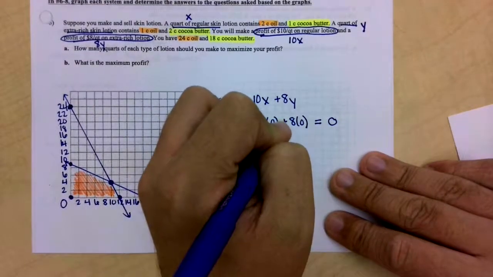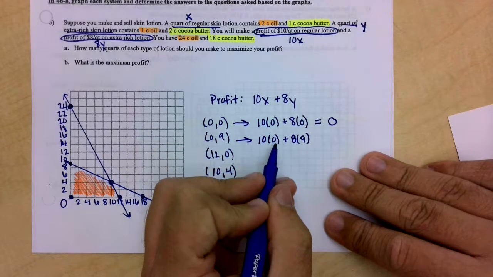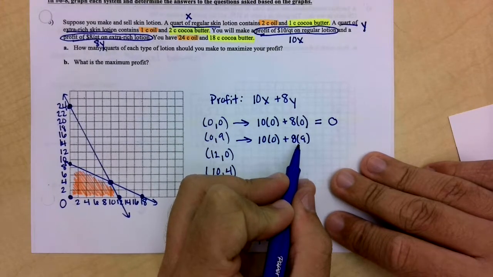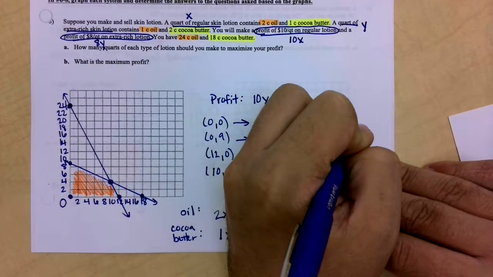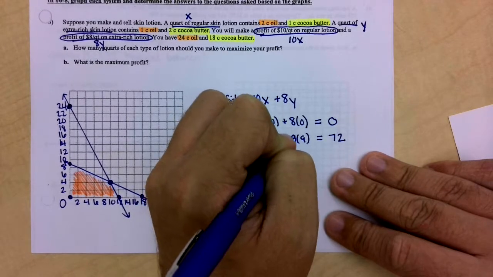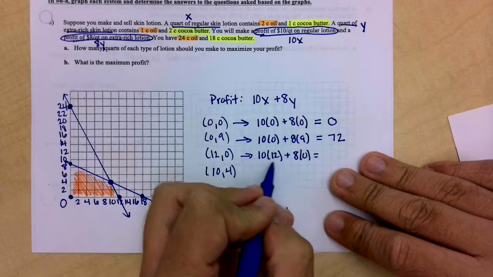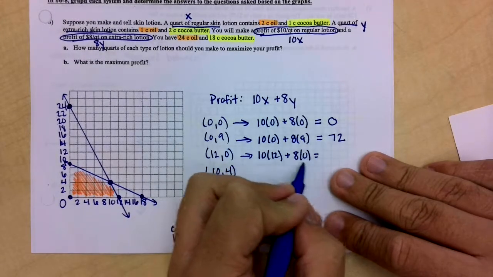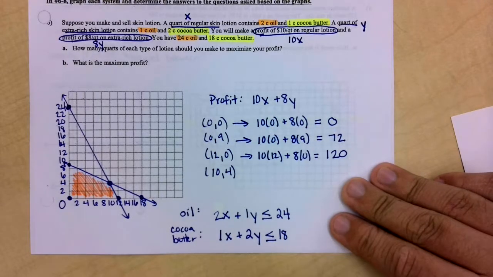Plugging in 0 for x and 9 for y. 10 times 0 is 0. 8 times 9 is 72. Combining 0 and 72, I get 72. Plugging in 12 for x, 0 for y. This makes 120. This makes 0. So a grand total of 120.